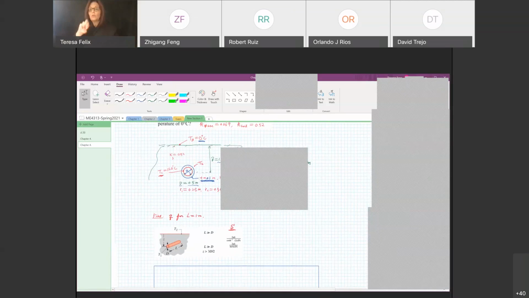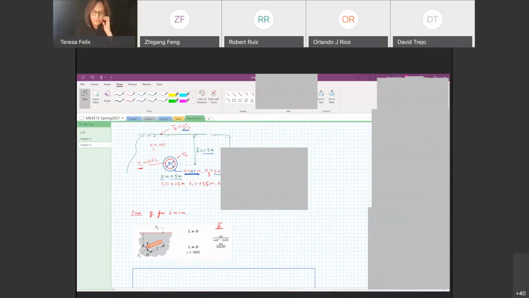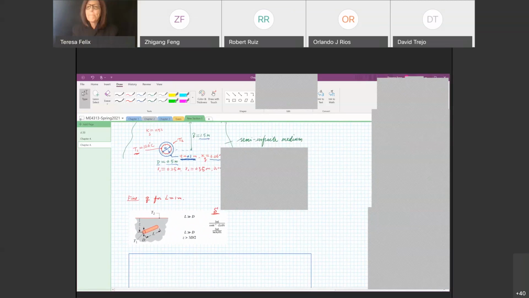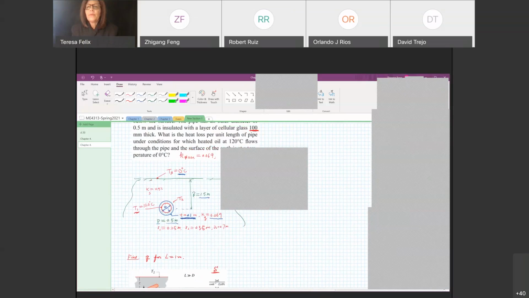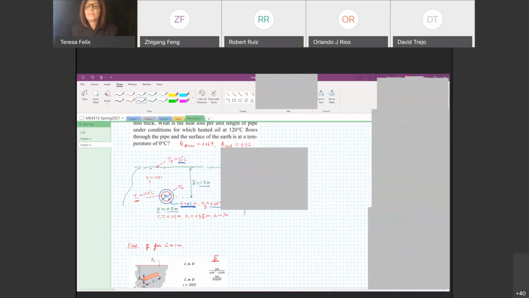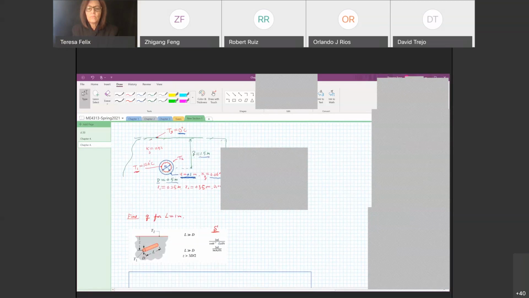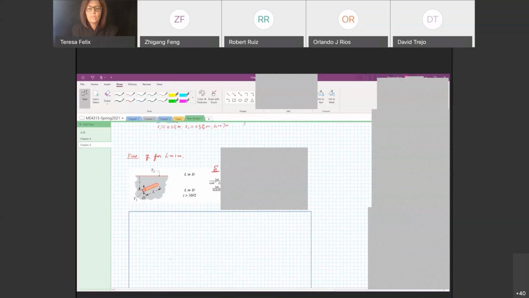So let's draw the circuit. In this case, you only need to consider conduction. The convection coefficient is not given, and the temperature is at the surface, not the air temperature. T sub s is the surface temperature. So we can start from the temperature of the pipeline.